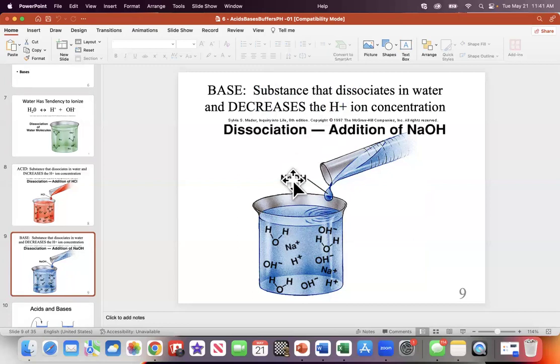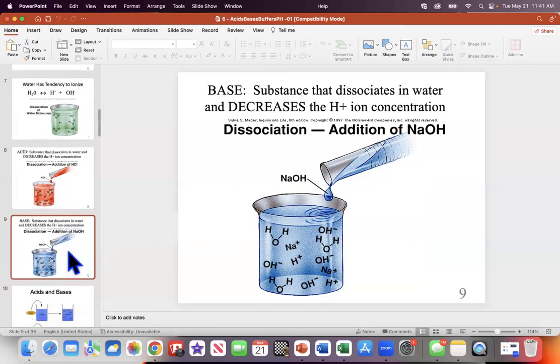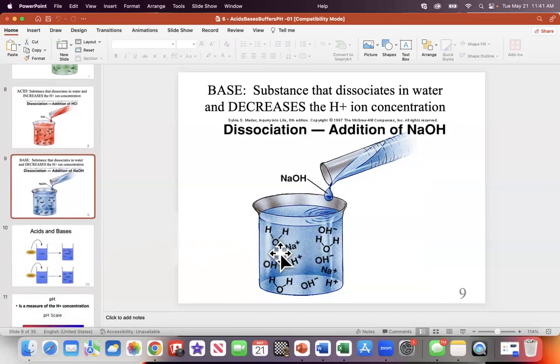When the solution is more basic, it has more OH, and when you add H plus, H plus and OH combine to become water. That's how you decrease the H plus. So both definitions are correct. A base either has more OH negative or decreases the concentration of H plus. Or you can say a solution with less H plus is a base.